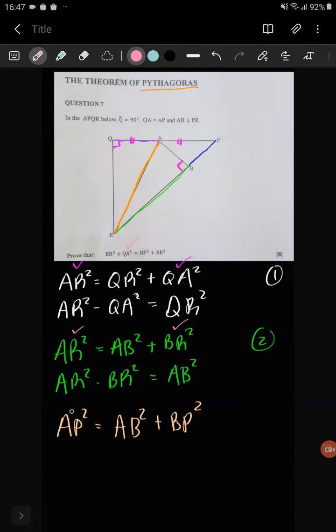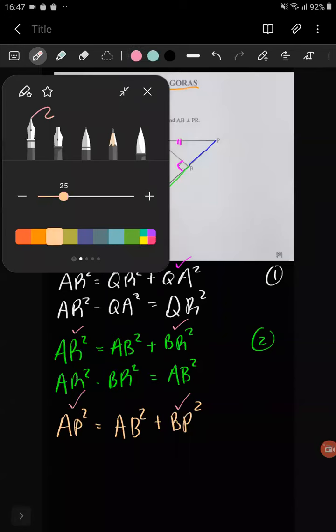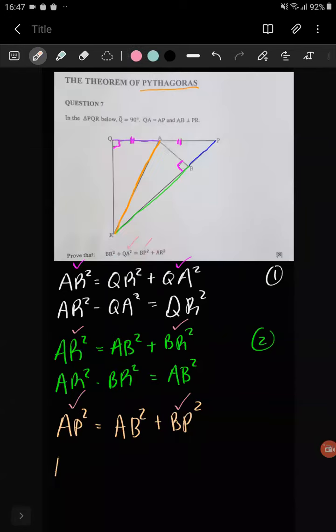So this could qualify as a line that's here, because AP is the same as AQ, so that's okay. BP, we definitely have a BP in there somewhere, so we can check this off. And then AB we don't have, so we might as well isolate AB. So this is going to give us AP squared minus BP squared is equal to AB squared. And this is equation number 3.